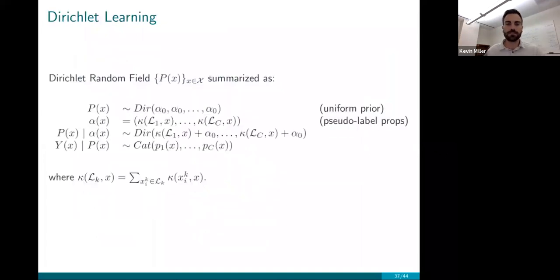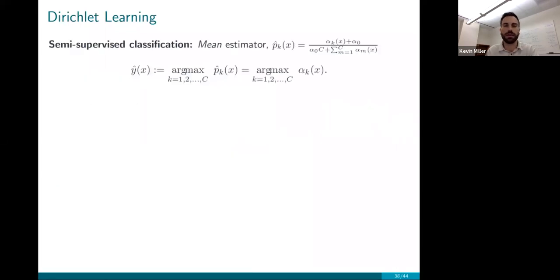And so this leads to just the summary of Dirichlet learning being a Dirichlet random field with a uniform prior over prior belief about the probabilities. We update those probabilities according to the pseudo-label propagations, and that then reflects our belief about the classification of the points in the graph.